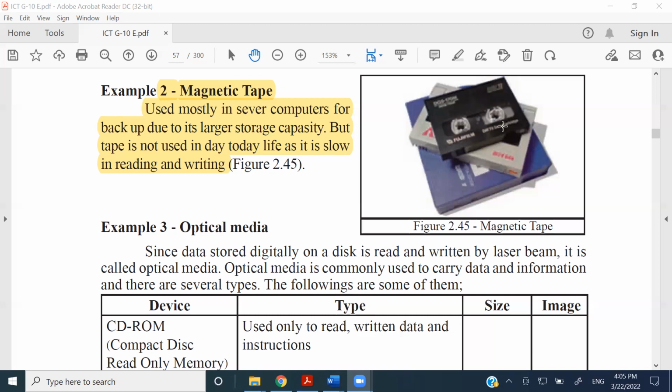You can take it out from the bottom line of this particular cassette, right? It is cheaper, and the data reading and writing happens in a slower manner compared to the magnetic disk.